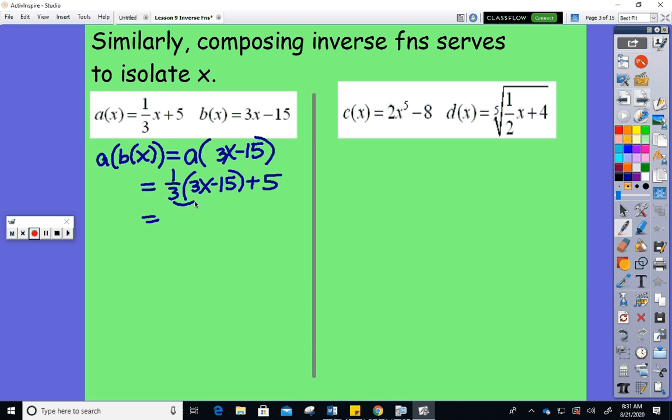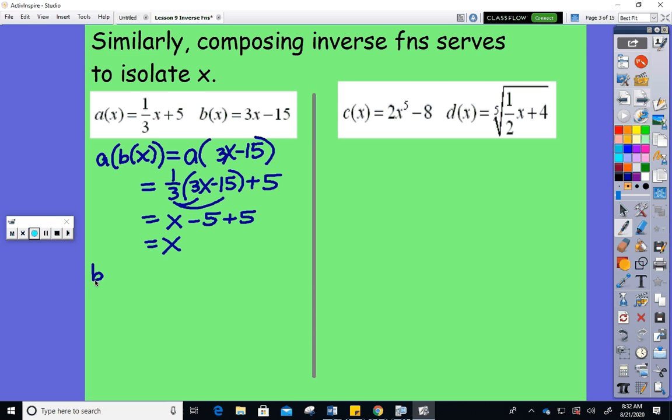So when I distribute, I get x minus 5 plus 5, and it felt effortless to isolate x. That's the deal with inverse functions. If it doesn't work out smooth as silk, if you feel like you're having to kind of force it, then you don't really have a pair of inverse functions. So it needs to just work out effortlessly.